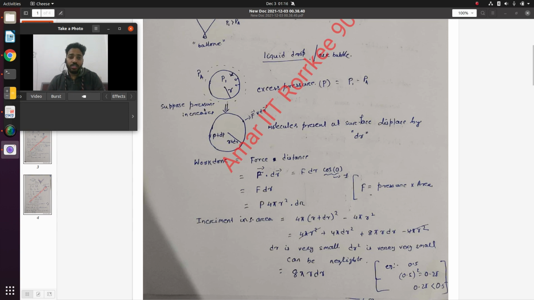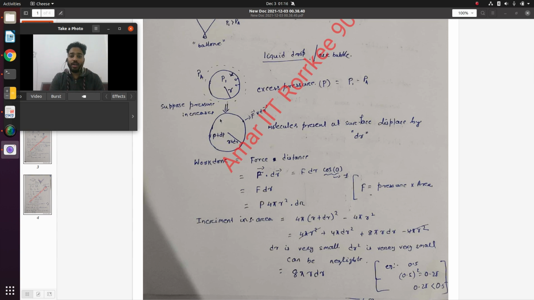Suppose that something suddenly happens and the excess pressure increases from P to P plus dP. If the pressure increases, the liquid drop starts to expand.